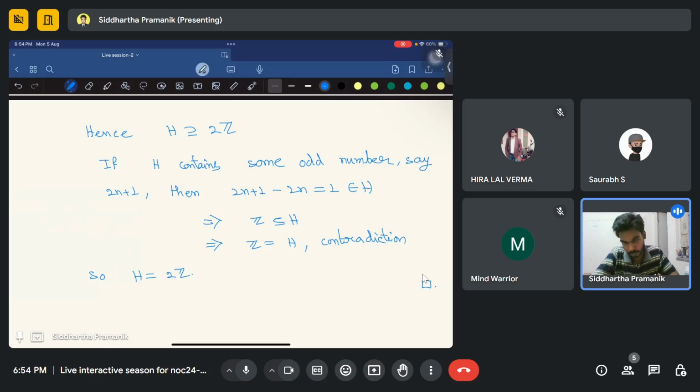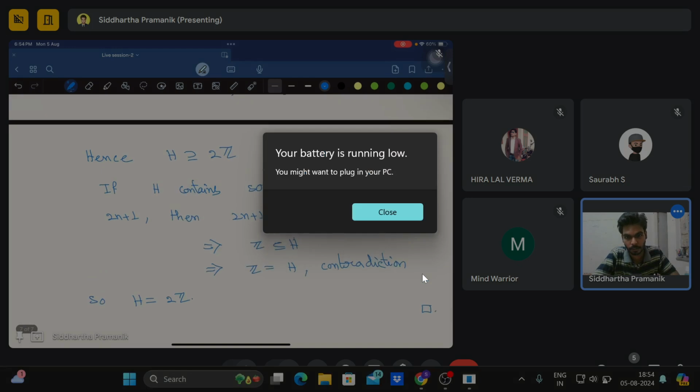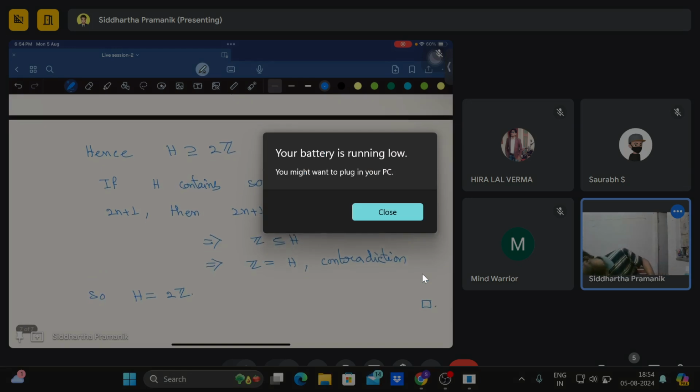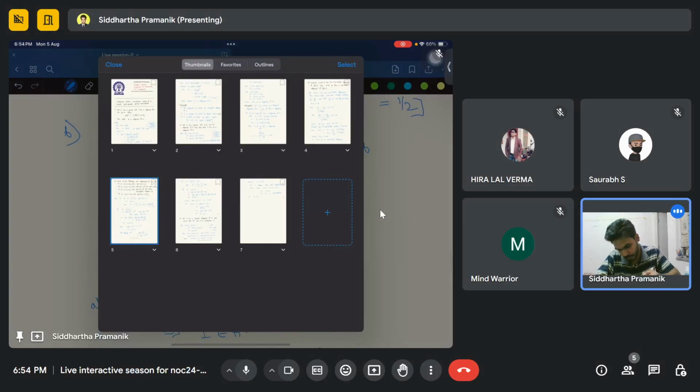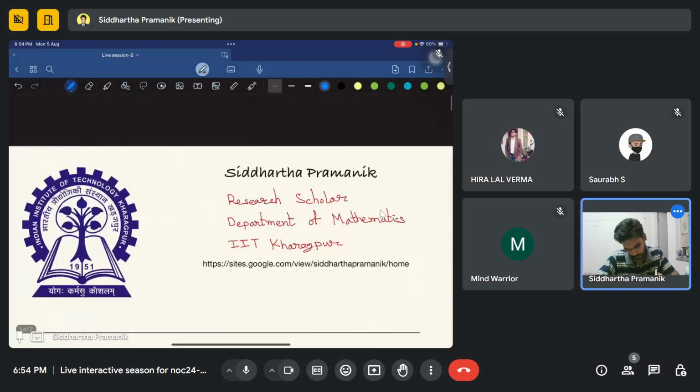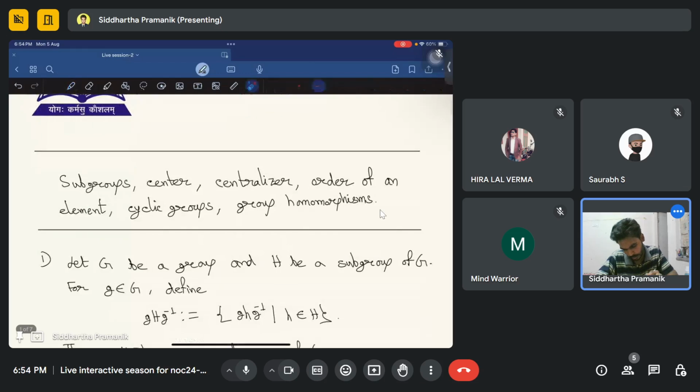Okay. So let's go back to the first page. I have done some problems related to subgroups. Let me start with some problems related to order of an element.